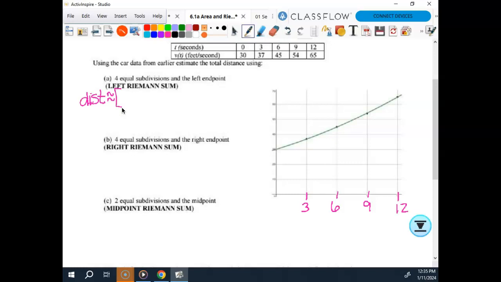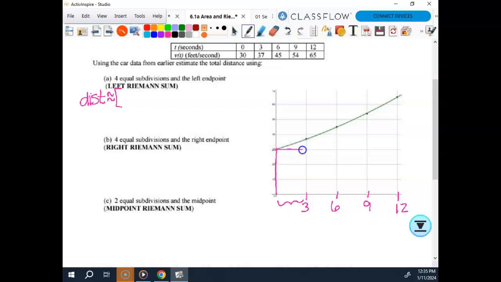When it's the left hand, and notice it says left endpoint, if my interval goes from 0 to 3, then I start on the left-hand side of the interval from wherever my curve is. I just drop a line down, and then I'm going only to 3, so I'm not making one giant rectangle like we did before.